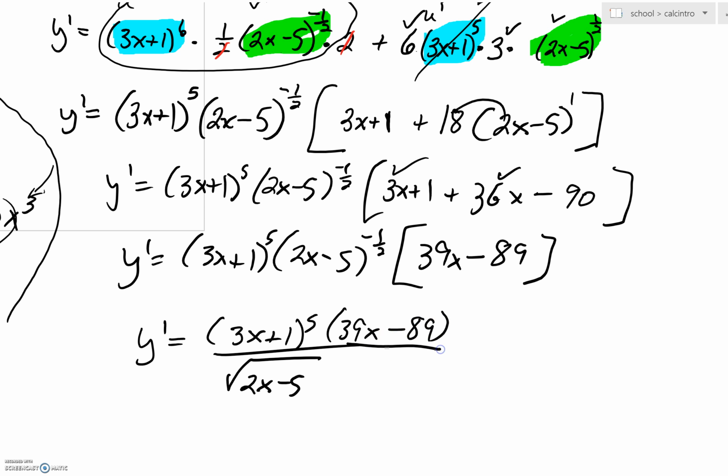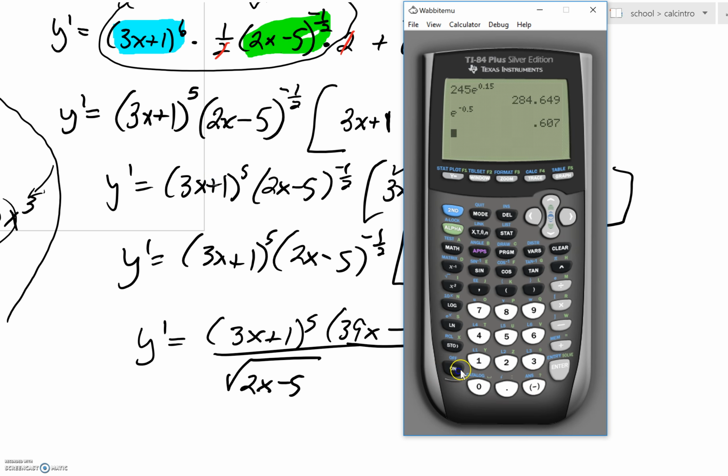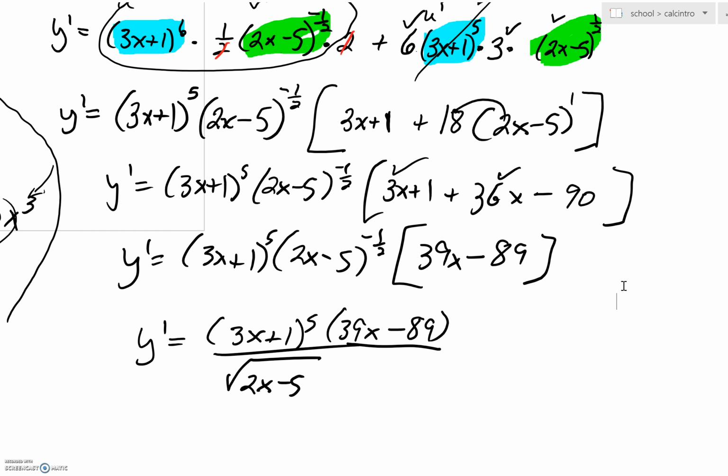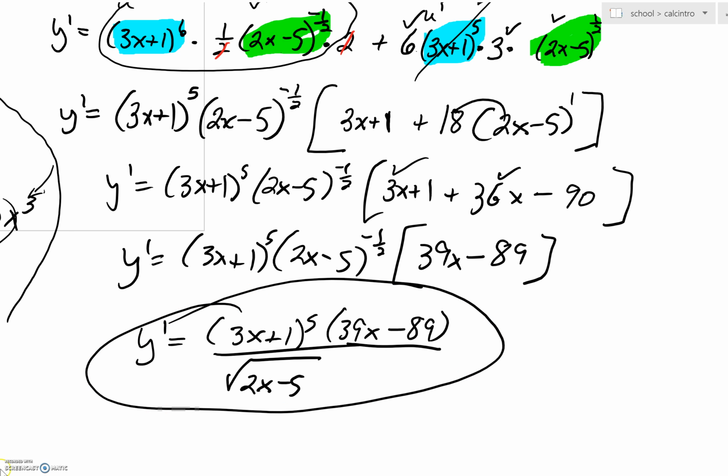A 3 goes into 39, but it does not divide into 89. And you could ask yourself, is 89 divisible by 13? A fair question. Most people haven't worked out the multiples of 13, right? You can see it does not. So there's nothing else I could factor out. And this would be a great final answer.